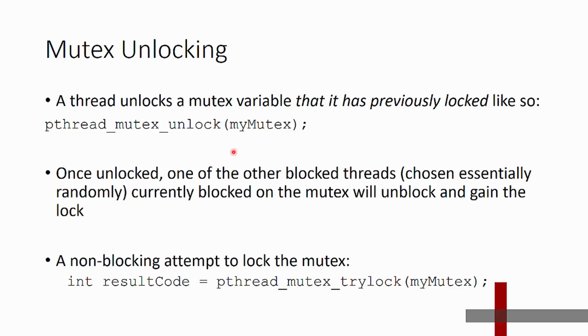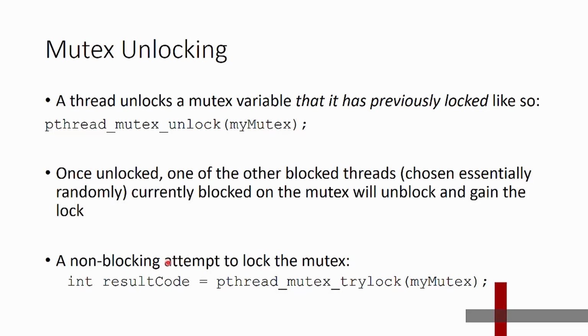So if thread A calls lock on a mutex first, and then thread B calls lock on that mutex again, then thread B is blocked while thread A can continue on. As soon as thread A calls unlock, thread B immediately starts running again.